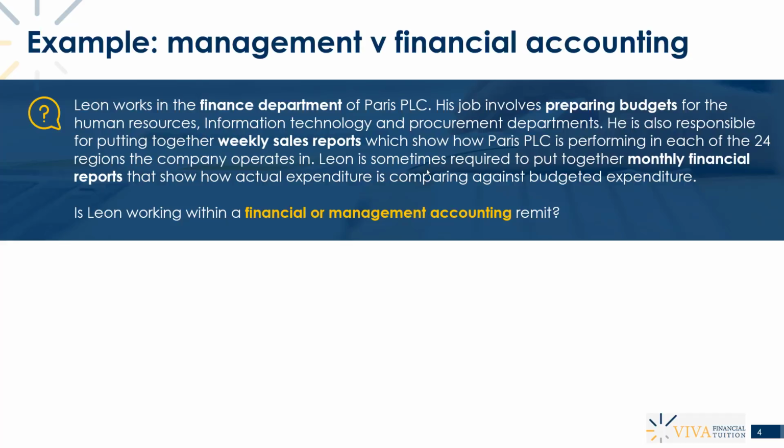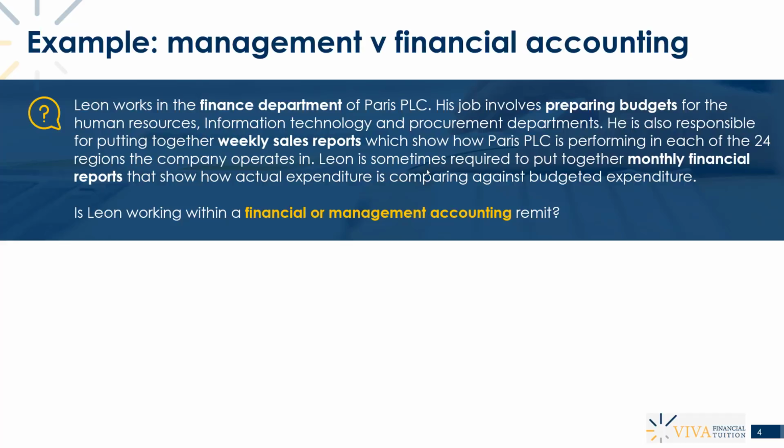If we look as well in the question, Leon is responsible for putting together weekly sales reports. These seem like ad hoc reports just for Paris PLC. They're not necessarily statutory reports that Paris PLC have to produce for their shareholders or a government authority.